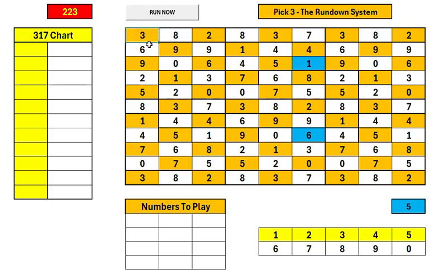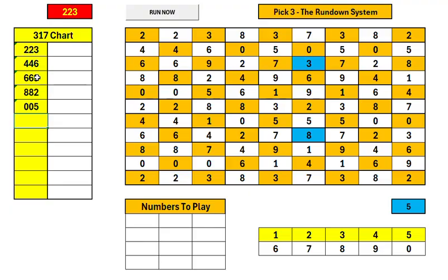So if you put 2, 2, 3 here, now your rundown is going to look like 2, 2, 3, 4, 4, 6, 6, 6, 9, 8, 8, 2, 0, 0, 5, 2, 2, 8, 4, 4, 1, 6, 6, 4, 8, 8, 7, 0, 0, 0, and then it goes back to 2, 2, 3.